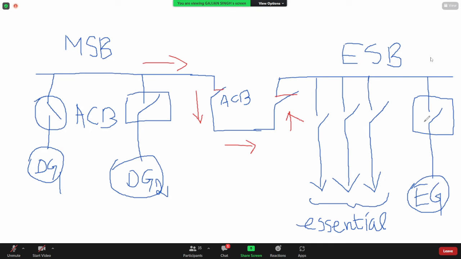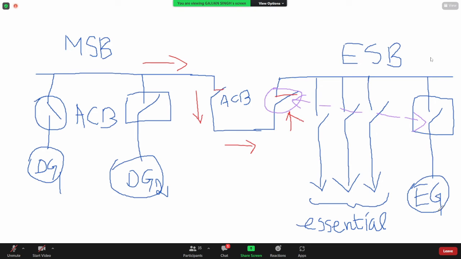And then this is the interlock. Interlock means if this is on, this should be off. Supply should not go back to the main switchboard, because of a small generator, like in your home, when the inverter is running, you do not feed outside. You feed your home only. See, if there is a supply from outside, your inverter battery is under charge.